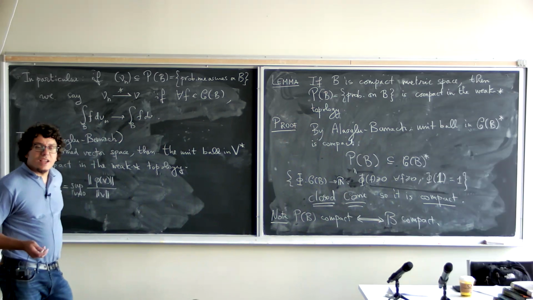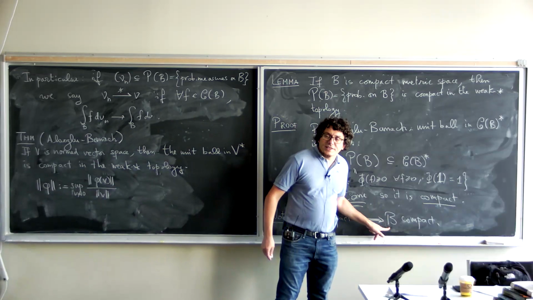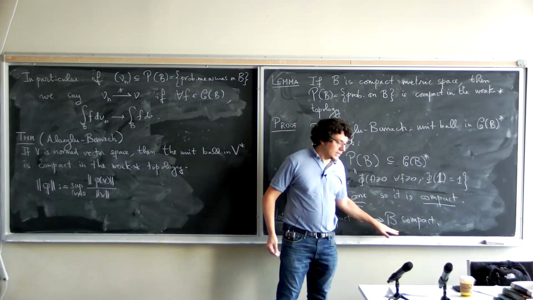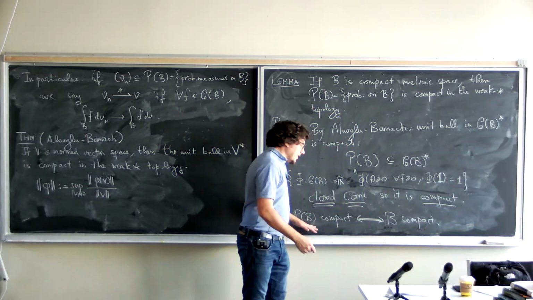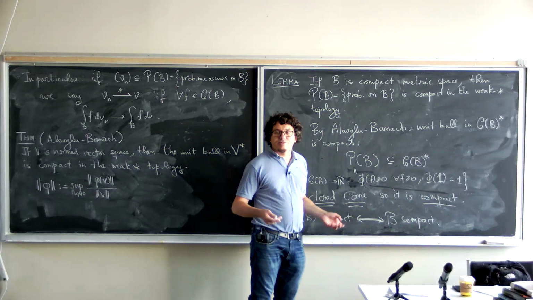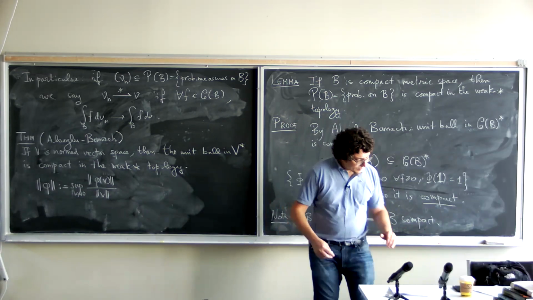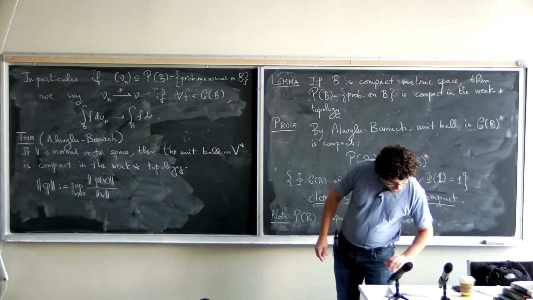Yeah, basically that's the idea. If you have a sequence of points that escapes, then you take the delta masses of those points, and those also escape. Exactly. Okay, so we're almost done.